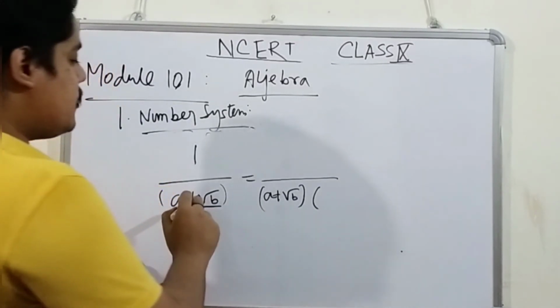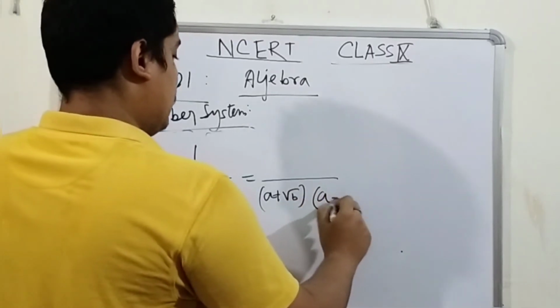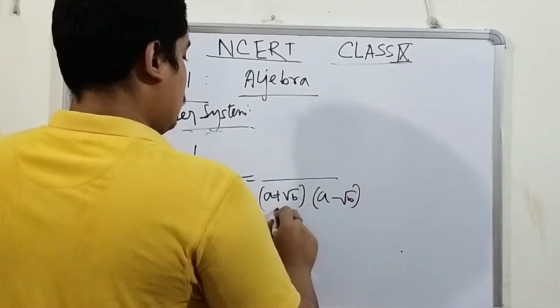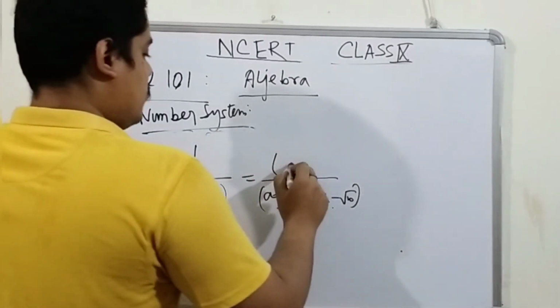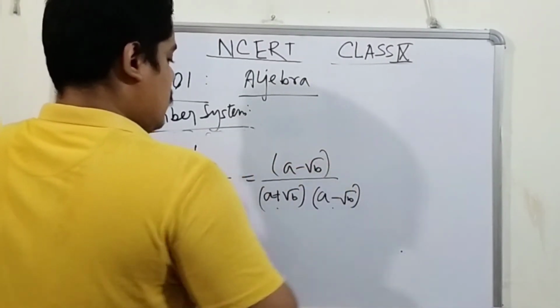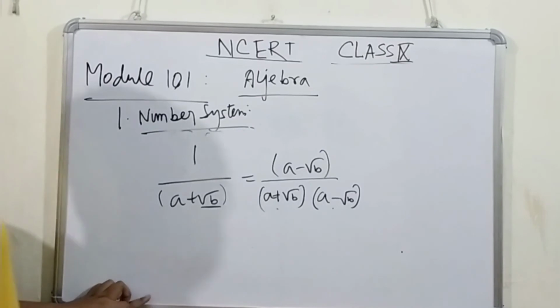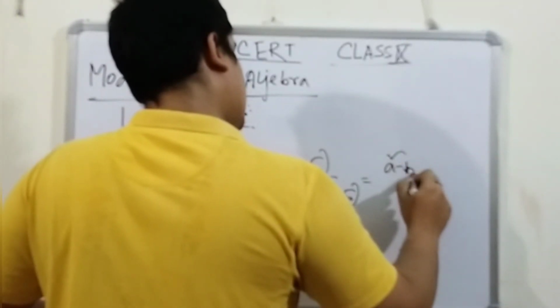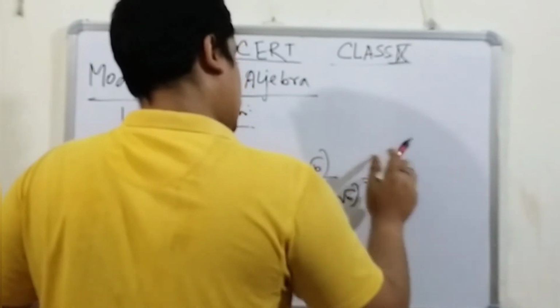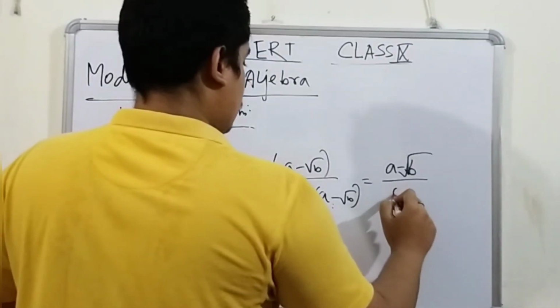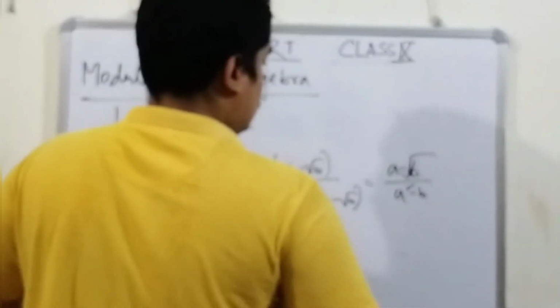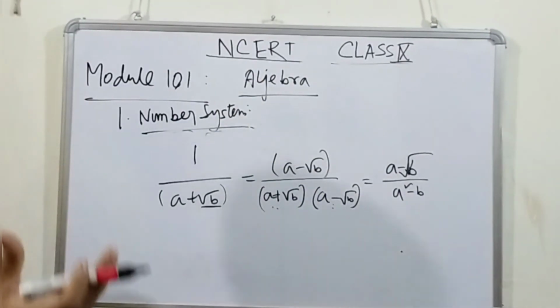So it's a plus root over of b, we will multiply by a minus root over of b, and again it will come on top also. Now what will come? It will be a minus root b at the top, and at the bottom it will be a square minus b. Now it is making sense.